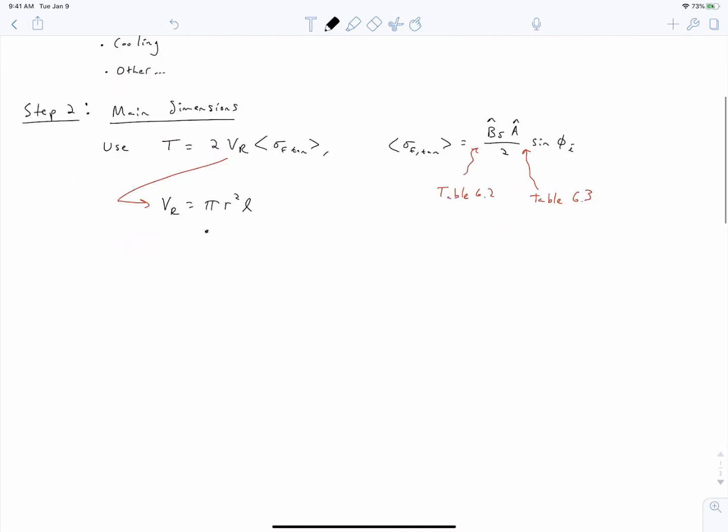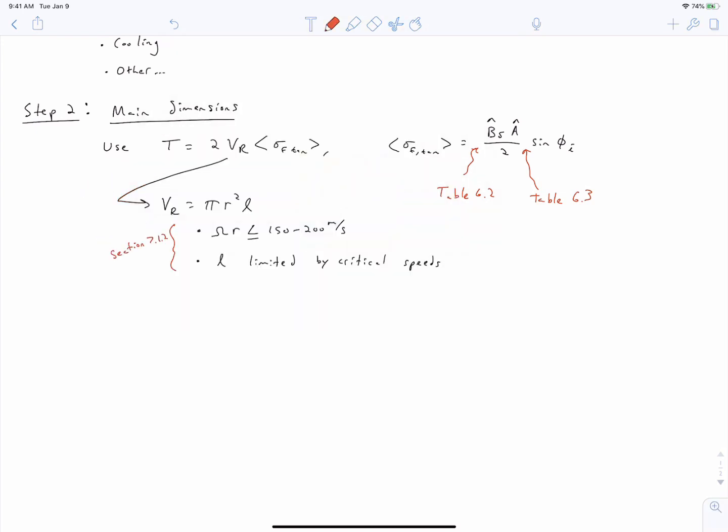And we make these decisions based off of the mechanical integrity of the rotor, how it is able to withstand centrifugal loading, and so that ends up being a constraint on the surface speed of the rotor. So we can say that omega r is typically less than 150 to 200 meters per second. So that's going to set an upper bound for what the radius of our rotor can be. And then our axial length is going to be limited by the critical speeds.